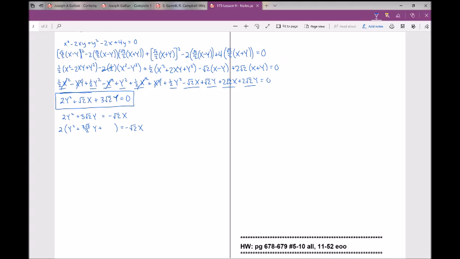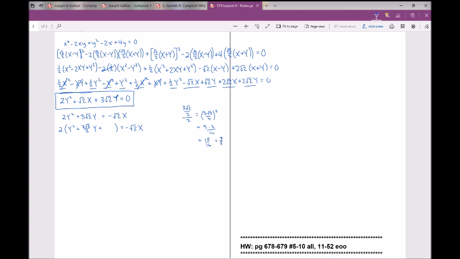Okay, so now let's decide what number we're going to add there. So if we take 3√2/2, and we divide it by 2, we're going to get 3√2/4. Now if we square that, we're going to get 9 times 2/16, which is 18/16, which is 9/8.